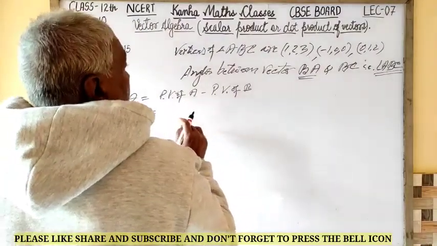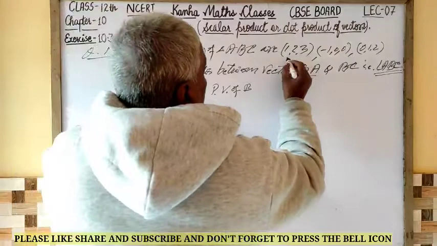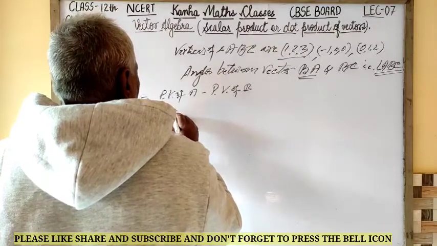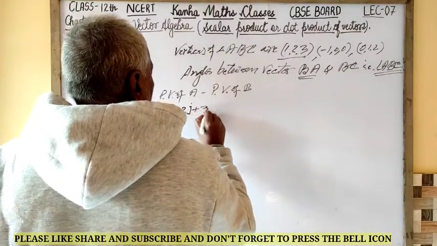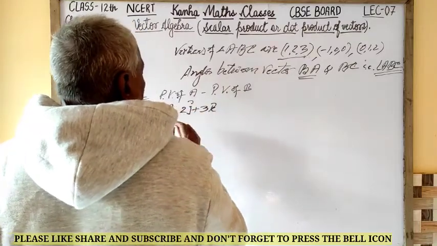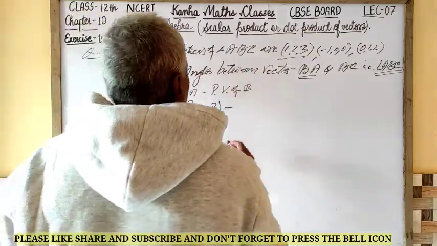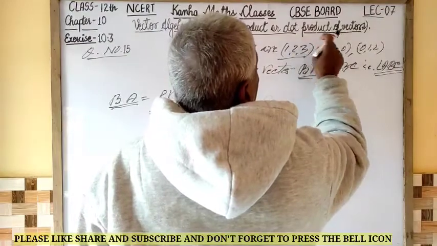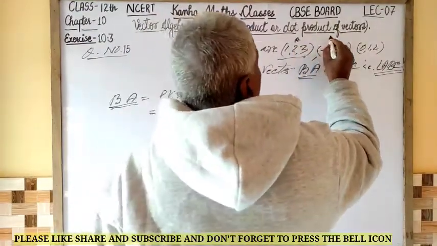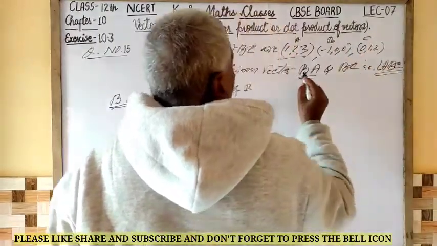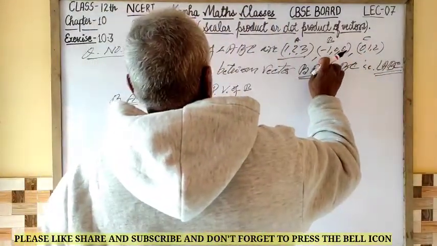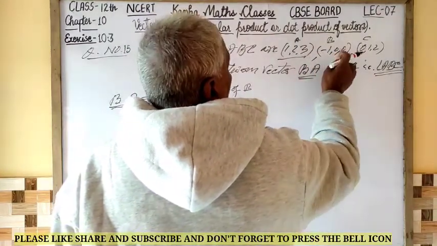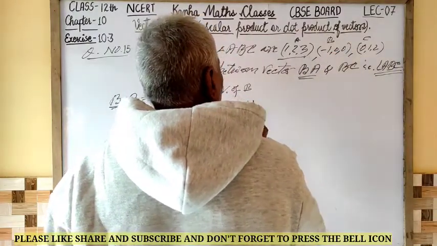And you see the position vector of A, that is i plus 2j plus 3k, minus position vector of B, that is minus i, since the other coordinates are 0, 0, so only minus i.